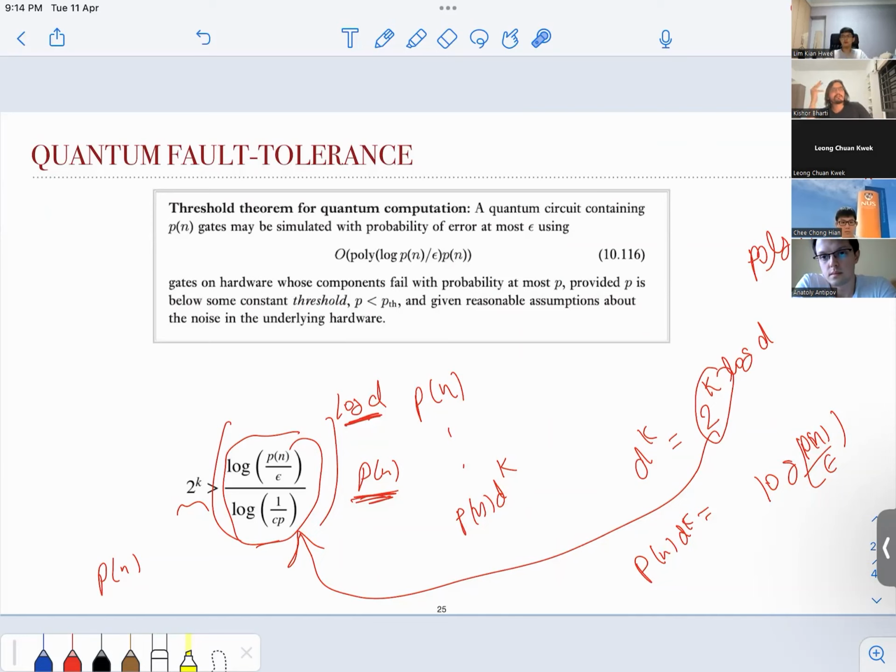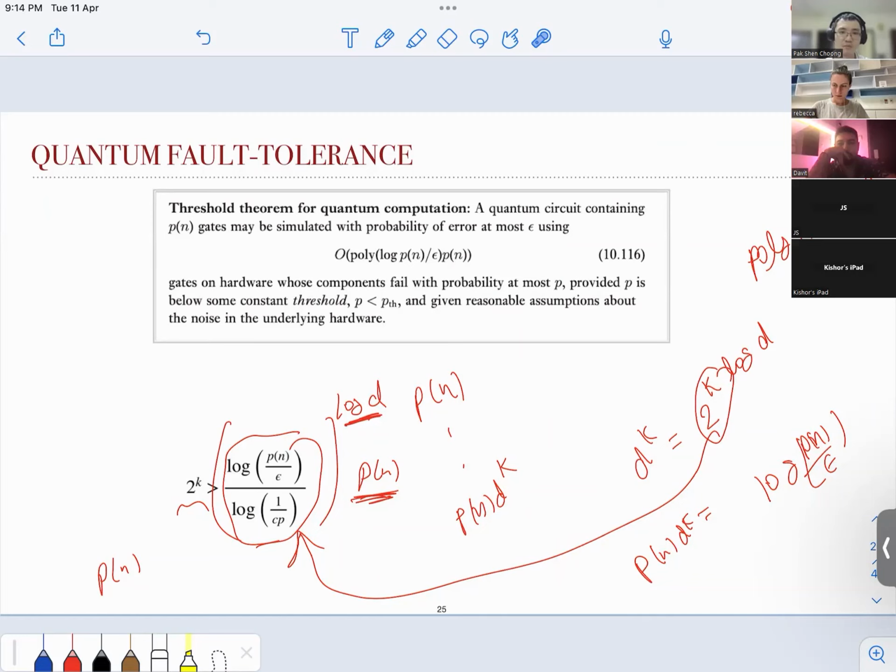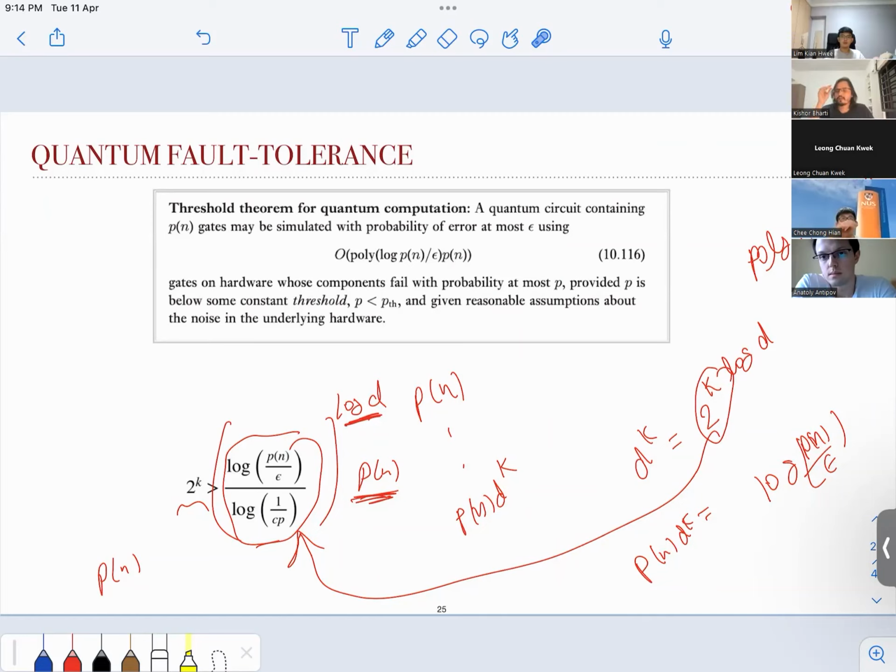So then the question is, how difficult is it to achieve this threshold? Actually, many people like John Martinis and others have already got their circuit components below the threshold. So then one can ask, what is the issue?